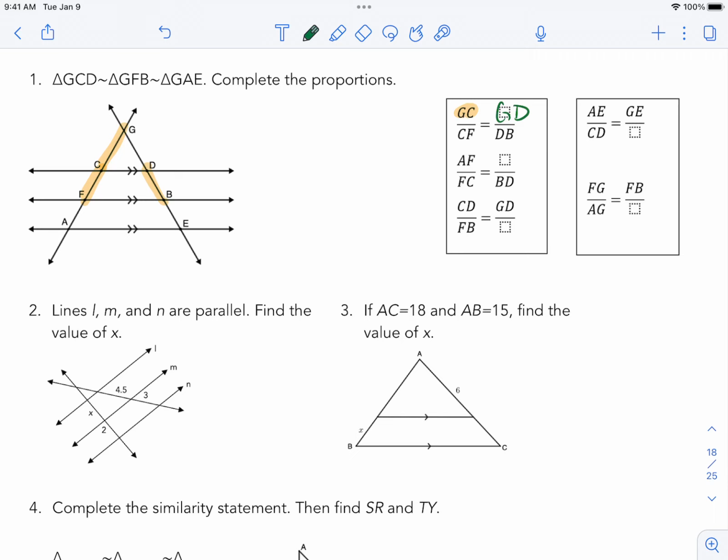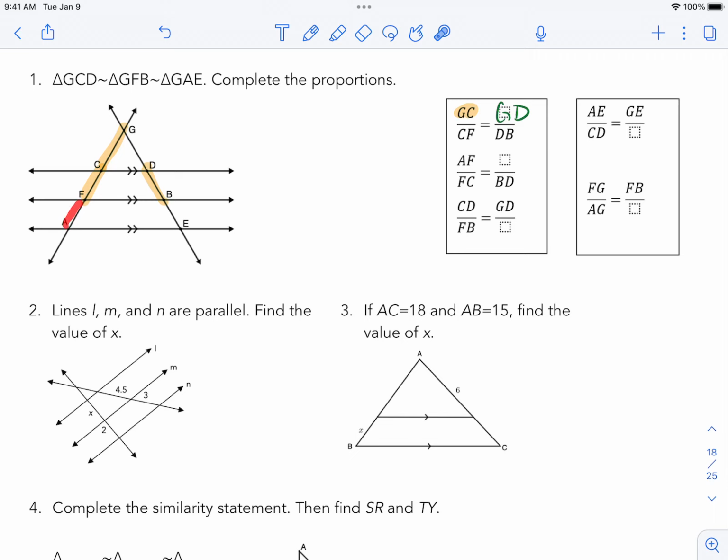So those are the parts that are matching up, right? So GC and GD and CF and DB. On the next one here, AF over FC, so this part over this part, and then what over DB would be equal to it? What proportion would be equal to it?